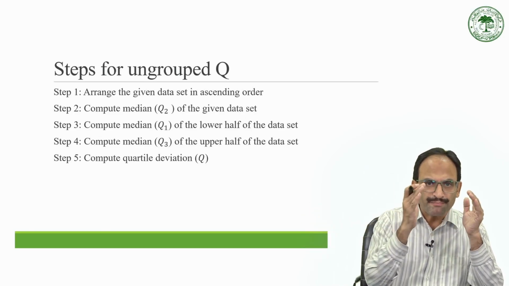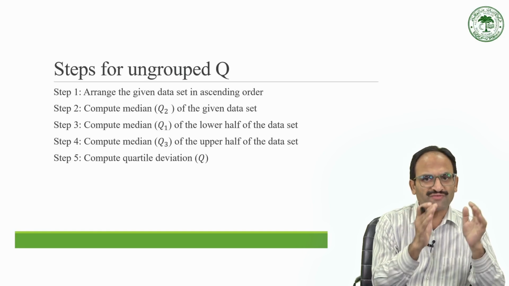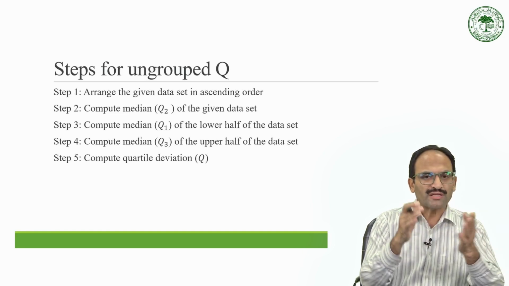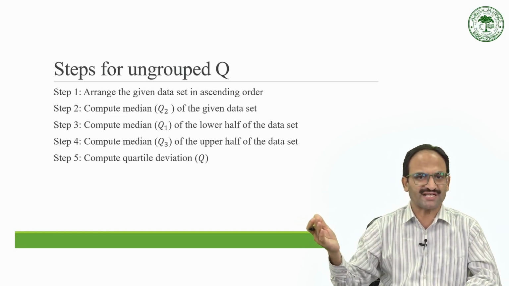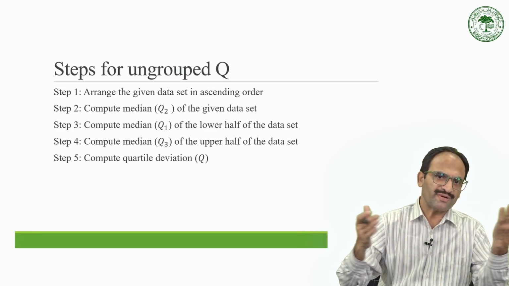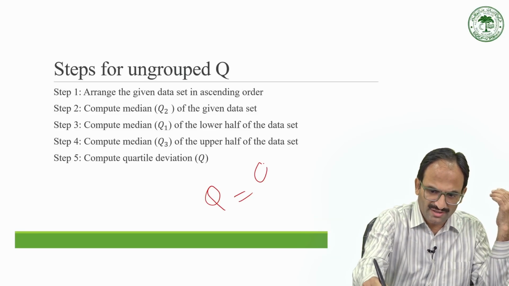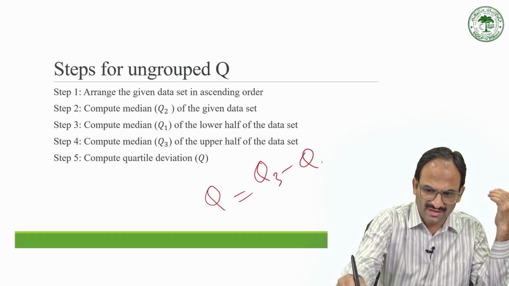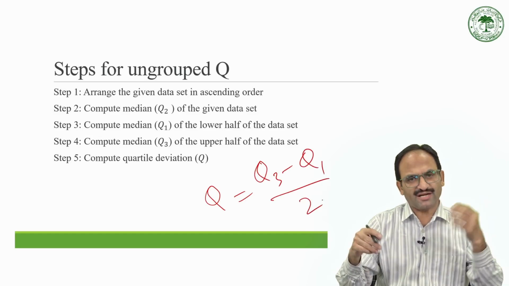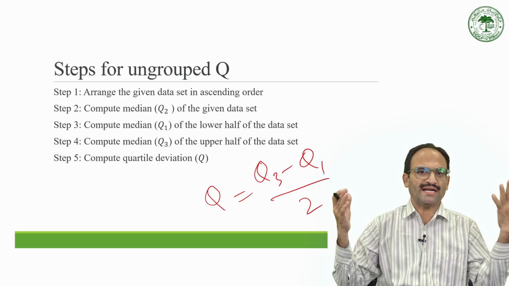The median of the lower half will be Q1, the median of the upper half will be Q3. Then simply use the formula Q is equal to Q3 minus Q1 upon 2. By that way you will be able to know the quartile deviation.